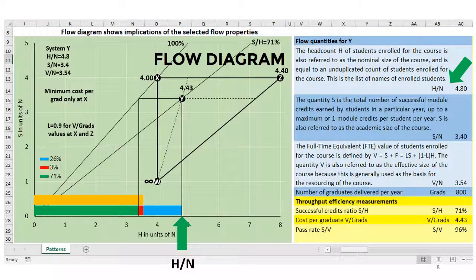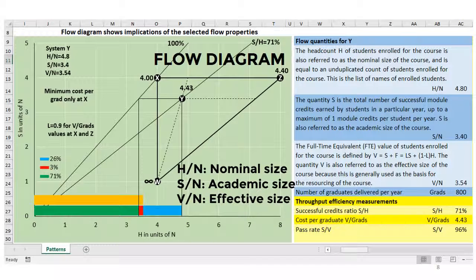To the right of the flow diagram, you will find information on the head count H of enrolled students, information on the total number of successful module credits S earned by students in a particular year, and information on the full-time equivalent or FTE value V of students enrolled for the study course.